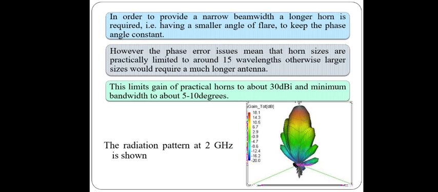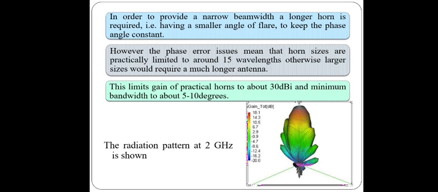If a narrow beam width is needed, a longer horn is required and the flare angle will be very small. When the flare angle is very small, gain increases and we get a narrow beam width. In the other case, if the flare angle is increased, the gain is reduced but the beam width is wider.